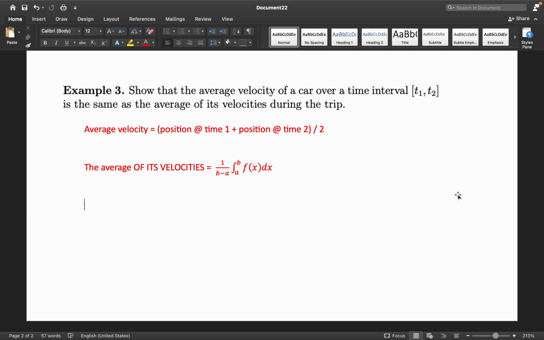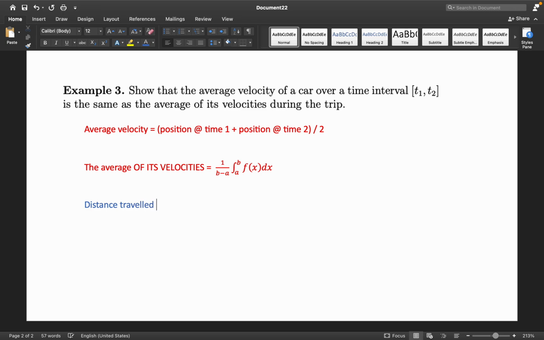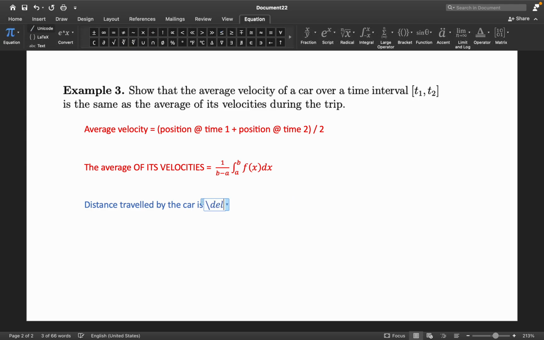We could say, let me do this in blue, that the distance traveled by the car is delta x, and the time is delta t. So difference in x, difference in time.